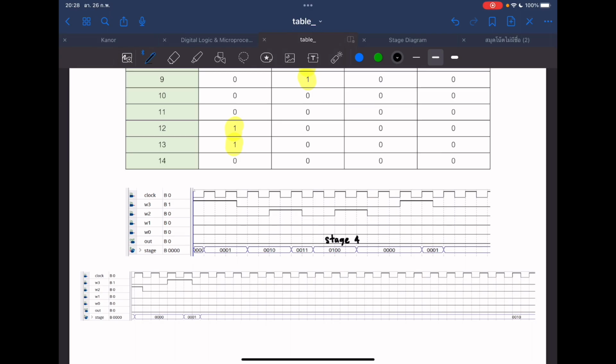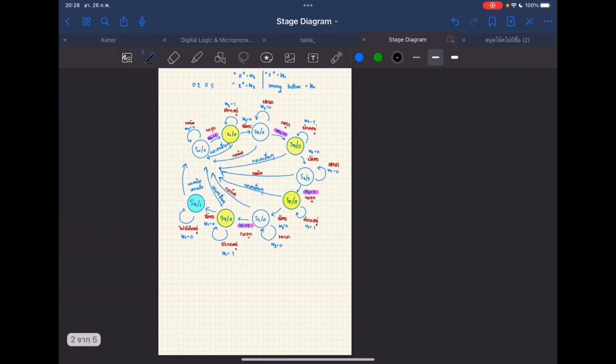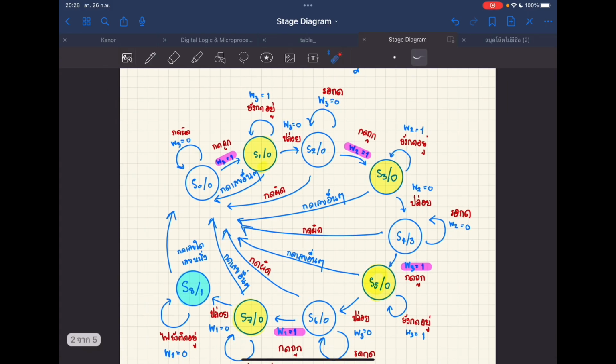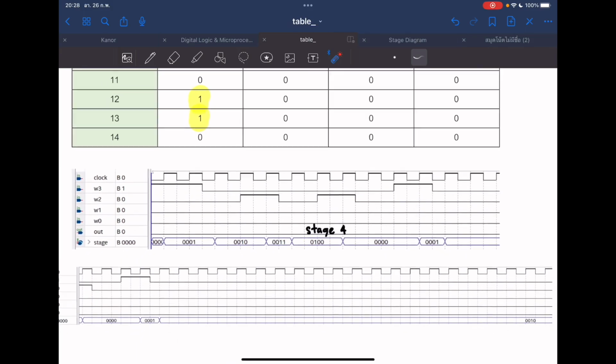So let's look at the diagram. Stage diagram, stage 4. We press 2 number correct, and then we release, and it stays in stage 4 because we already released the second button, so it's correct.